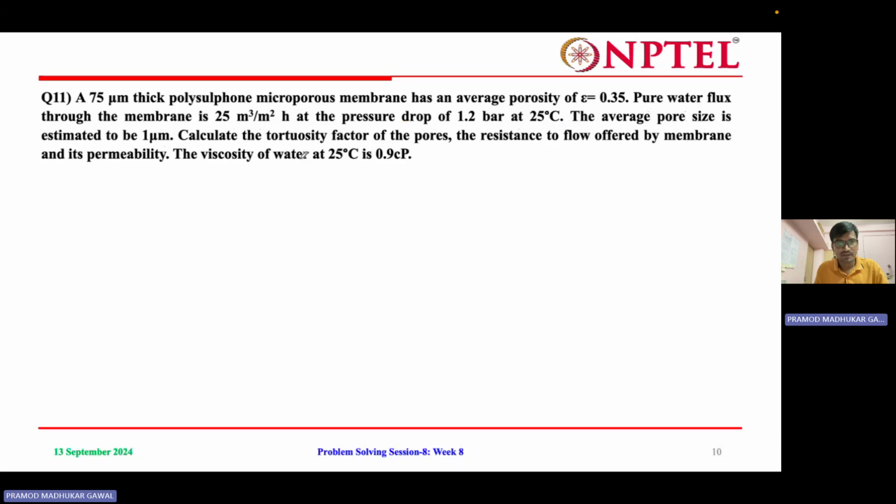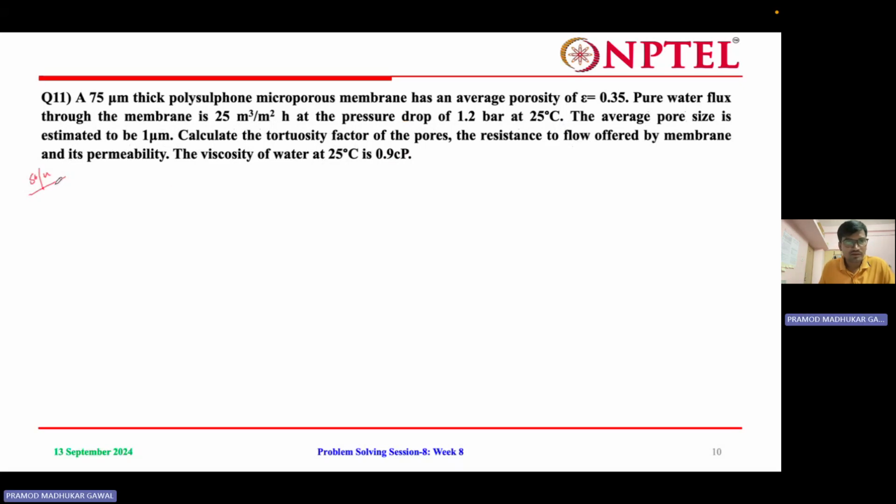Calculate the tortuosity factor of pores, the resistance to flow offered by the membrane, and its permeability. The viscosity of water at 25 degrees Celsius is 0.9 centipoise. So here you have to calculate the tortuosity factor, then the resistance to flow offered by the membrane and its permeability, right?